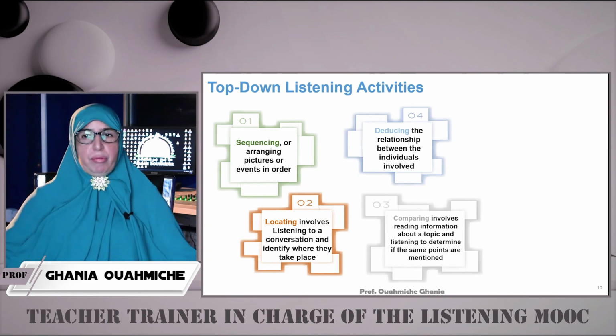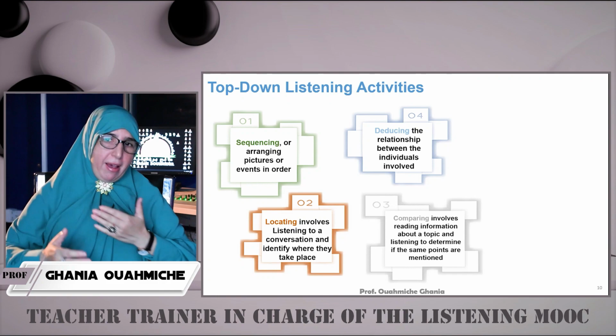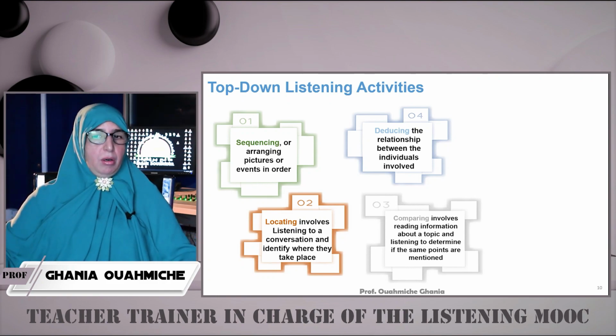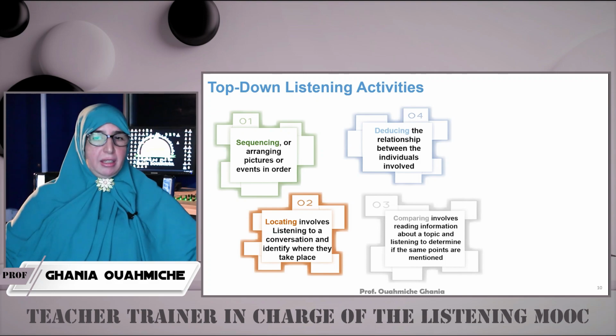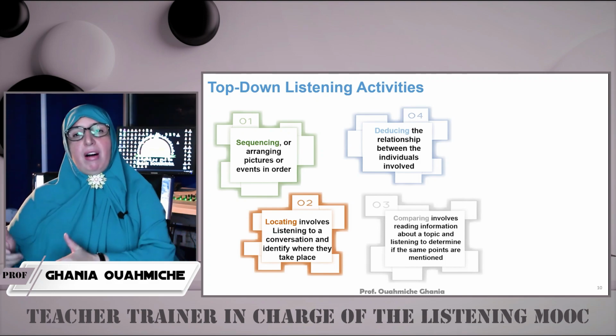You can also refer to activities based on comparing, which involves reading information about a topic and listening to determine if the same points are mentioned. You compare two things, two parts, or two ideas, or whatever you like. And we end up with the fourth type of activities, which is deducing the relationship between the individuals involved in a conversation.